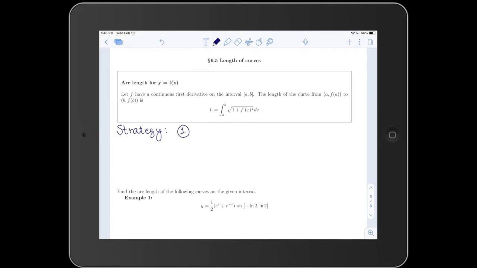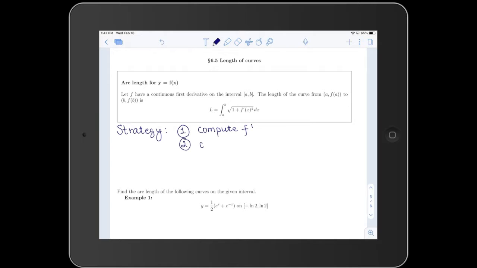Strategy here is this. First, whenever you have your function, compute f prime. You don't have to break it down in all of these steps, but because these problems can be so messy, I do recommend that you follow these steps. Especially if you don't compute f prime correctly, then none of it matters, right? We have to be able to compute the derivative correctly. So we compute f prime first.